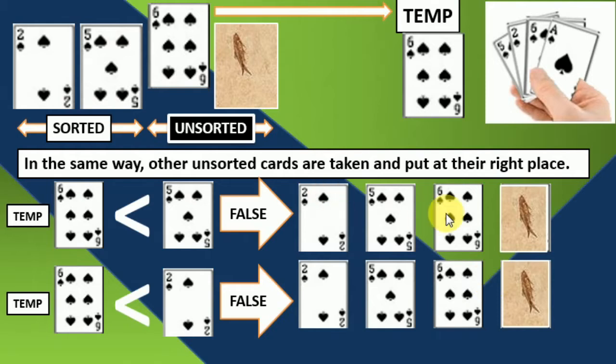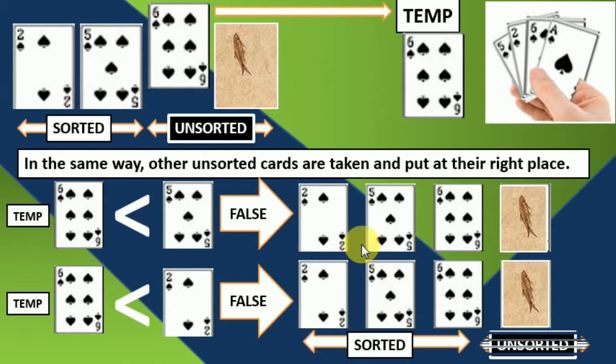Why? Because 6 is greater than 5 and 6 is greater than 2. So now we have 3 sorted cards: 2, 5 and 6. The condition is true only if 6 is less than 5, otherwise it gives a false condition. Because 6 is not less than 5 and not less than 2, the condition gives false, so they remain as they are.